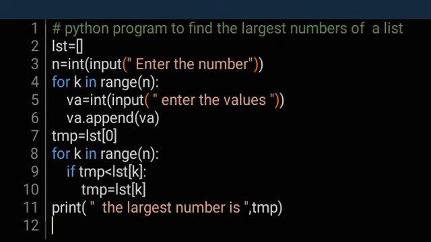We first of all initialize the list, and the system asks us to enter the number of times the following loop will execute, keeping on asking us to enter the value.